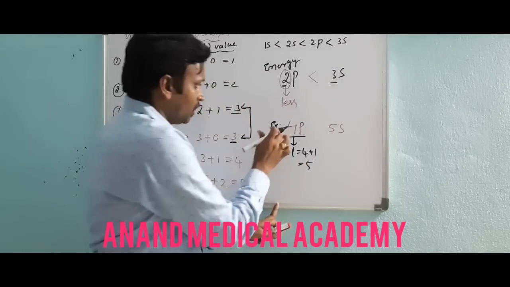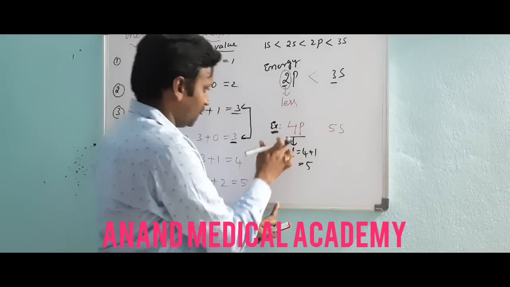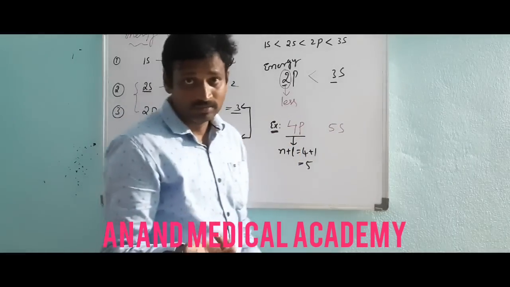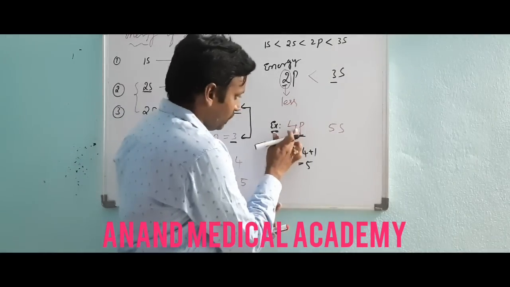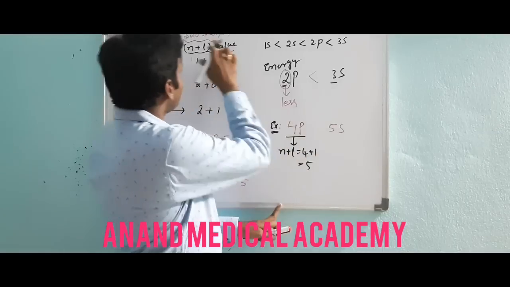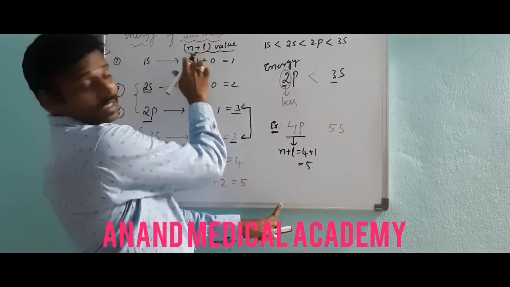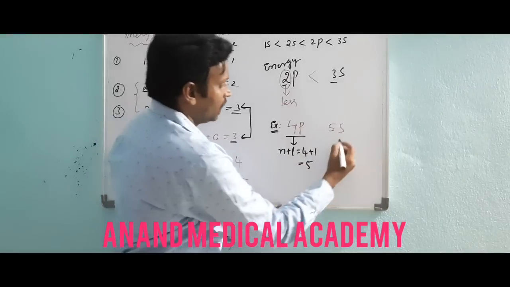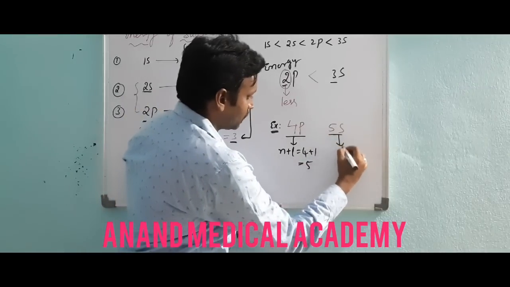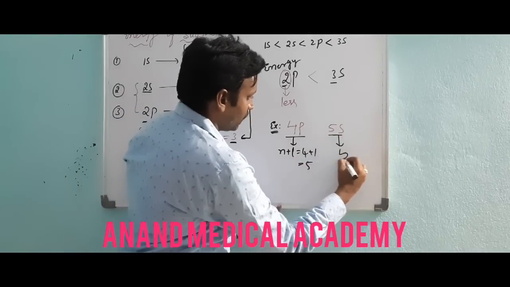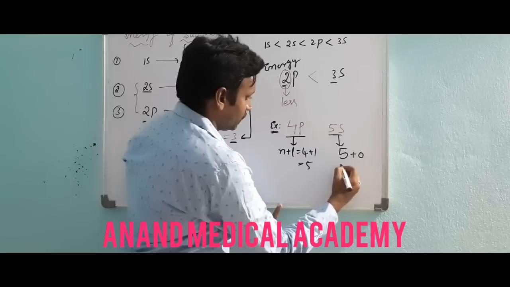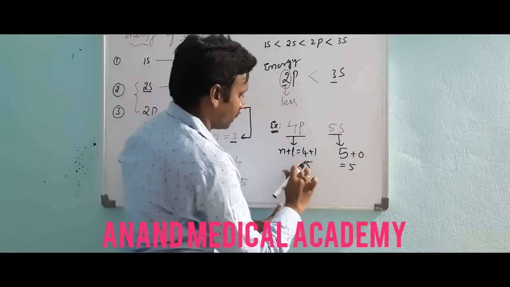Why 4 plus 1? 4 and p. P means l value 1. N plus l value, so 4 plus 1. And here, what is the n plus l value? 5 plus 0. Here it is 5, here it is 5.